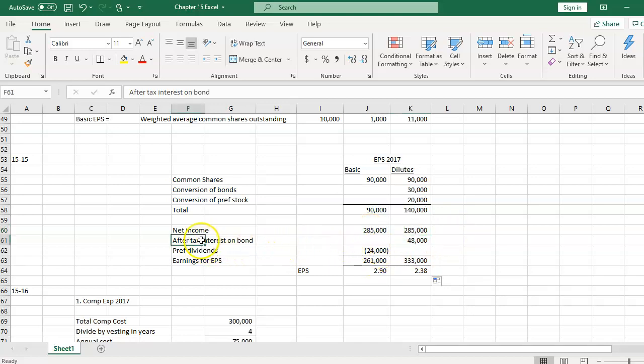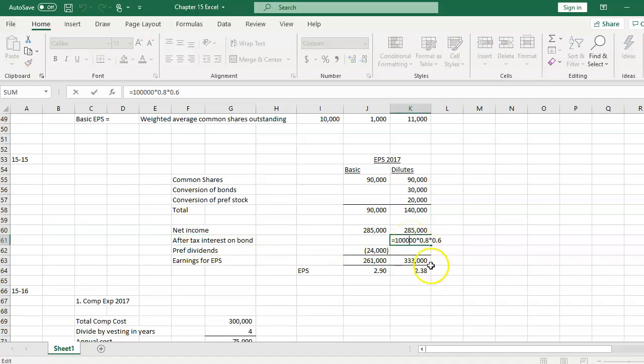So on the bond, the after-tax interest on the bond, I want you to see the calculation. And I took $1,000,000 times 0.08. Let me get my zeros in the right spot. There we go, $48,000. So $1,000,000 times 0.08 times 0.6. Let me tell you where those numbers come from.